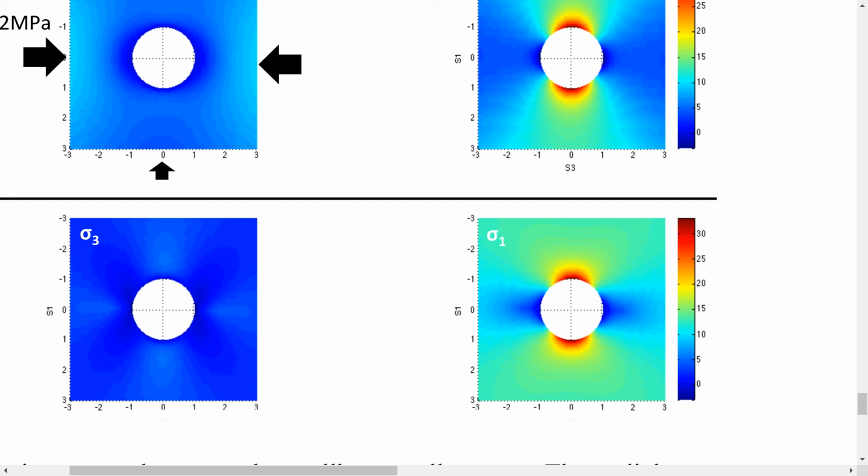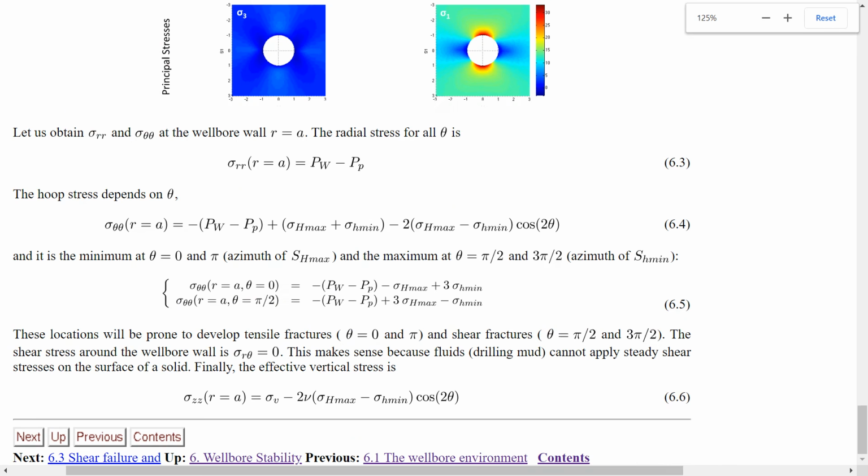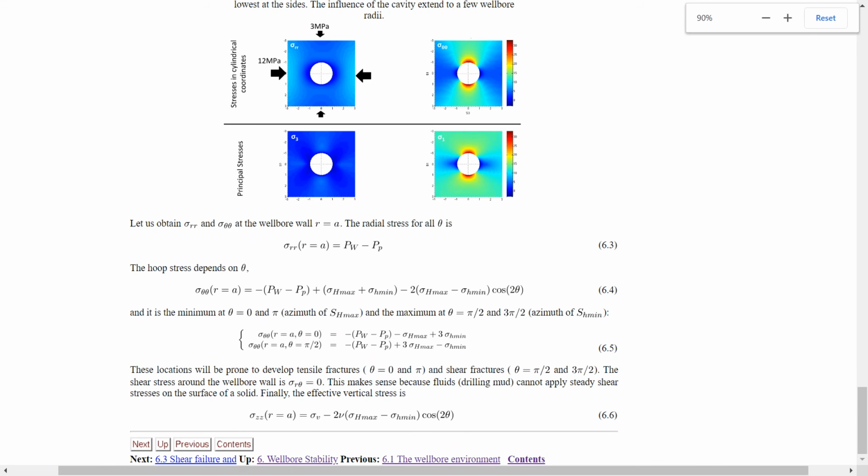In this case, this one is sigma 1, and this one is sigma 3, and shows you that the maximum compression stress, again, is at this location, and the minimum compression stress is at that location. Here you have tensile failure, here you have compression failure. Okay.